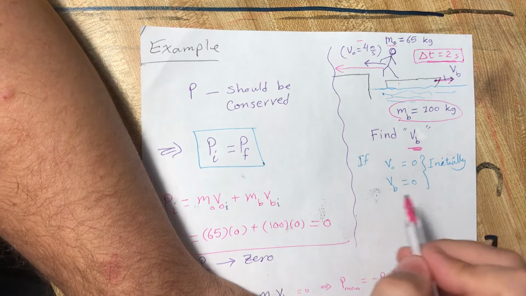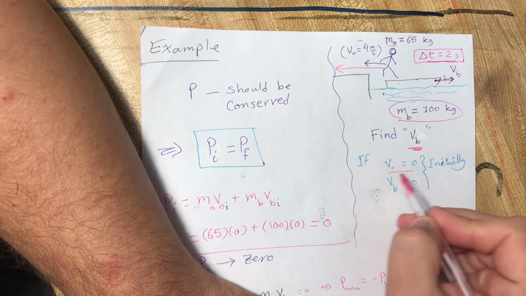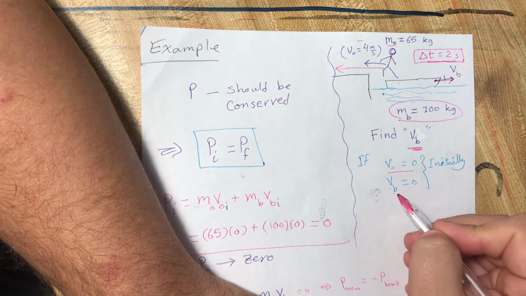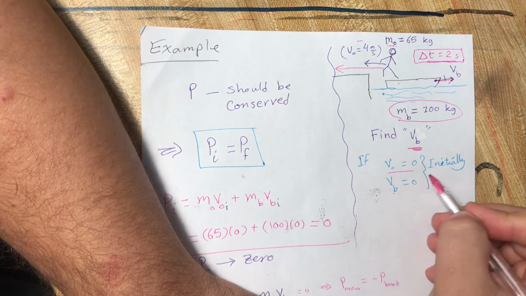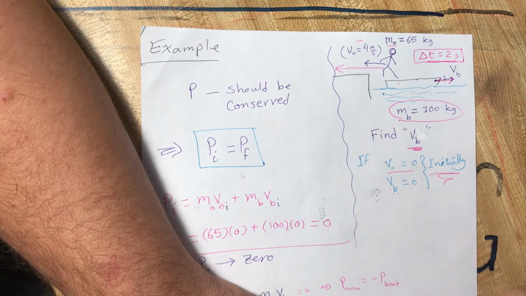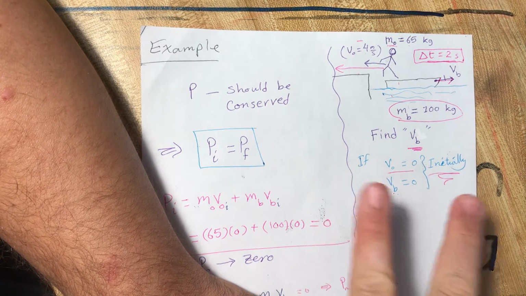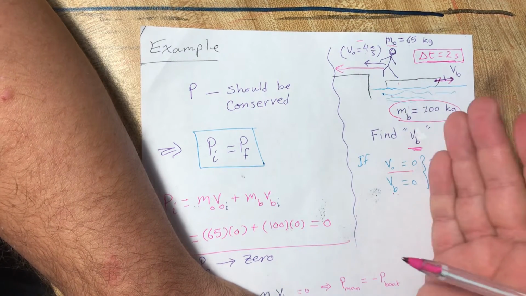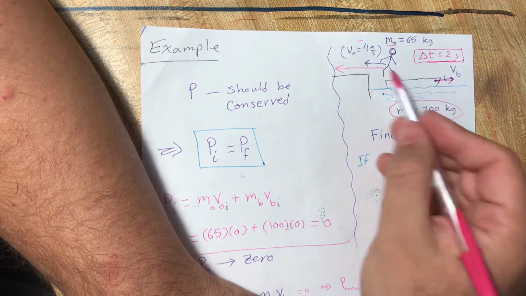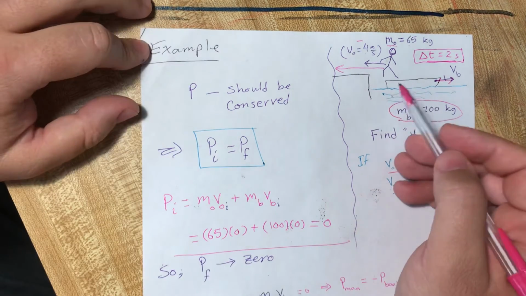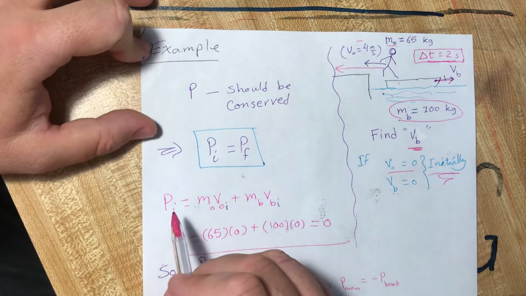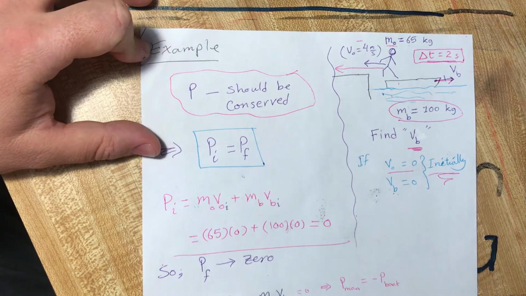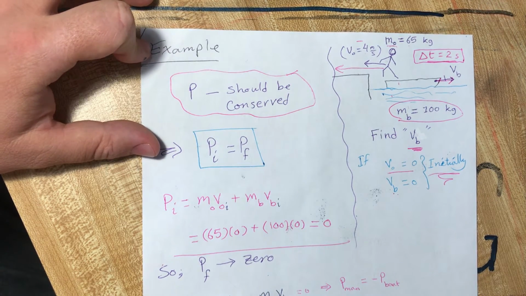The velocity of the man, v naught, and the velocity of the boat, vb, are equal to 0 initially, so we have now 2 times. The first is initially, the second is finally. The first is before the jumping and the second is after or during the jumping. Okay, in general, we need our total momentum to be conserved.